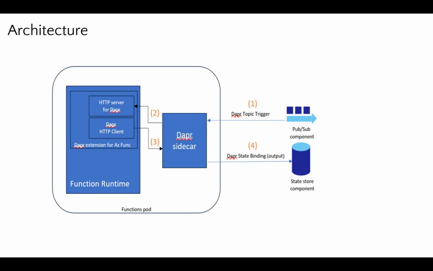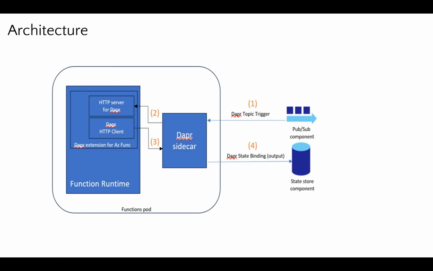Based on the message example, say an order has been submitted and the confirmation has been sent. Based on that, the order state might need to be published to the state store here.